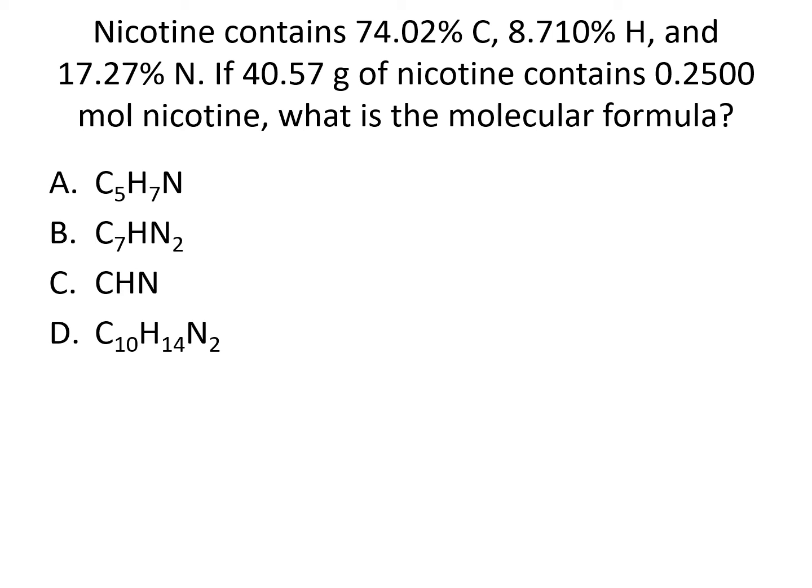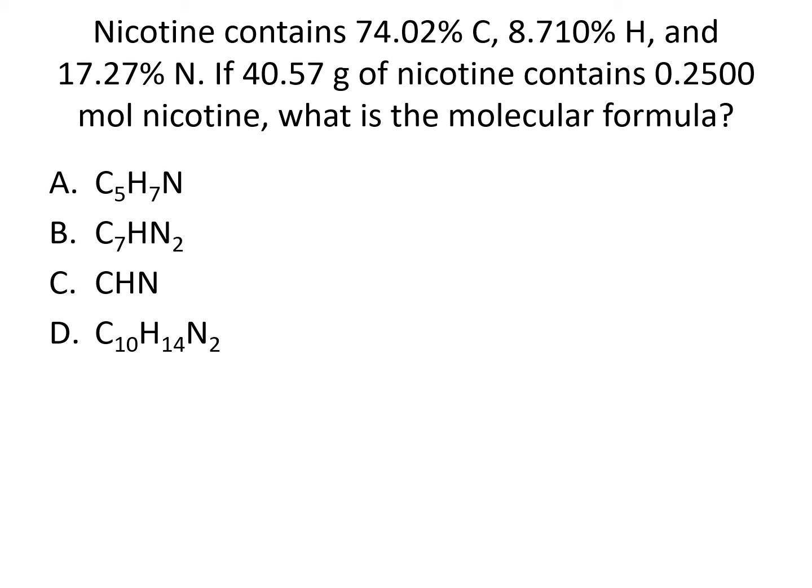Remember, you're going to change the percent symbols into G for grams, change grams into moles, and then divide by the lowest number of moles to get the empirical formula of the compound. The empirical formula is not necessarily the same as the molecular formula. You'll have to apply what we just learned to take that empirical formula and change to molecular formula using the molar mass of the compound.